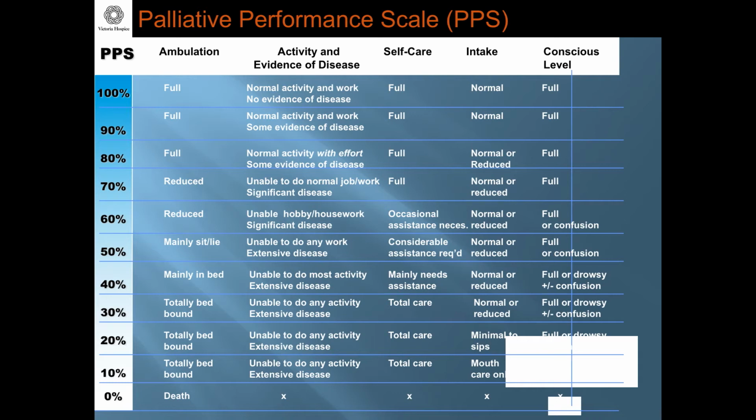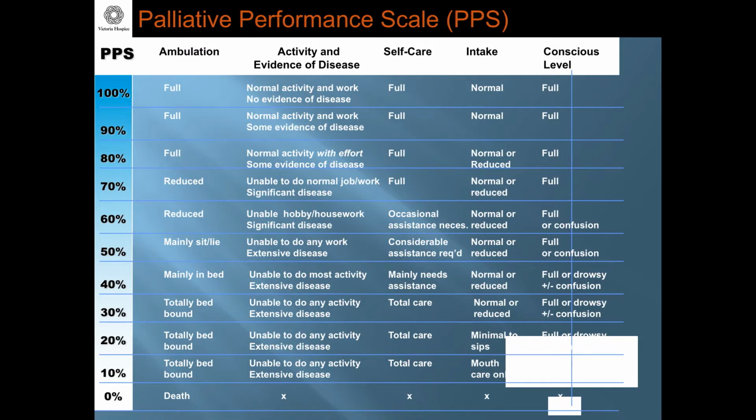There's certain transitions that you really need to know about. So 100 is, again, you on a Monday when you've had your cup of coffee and you're out of the door and the world is great and the birds are singing. Nothing's wrong with you. From 80 to 70 is an important transition there, especially if you're talking about cancer. Once your PPS goes from 80 to 70, it's no longer a private disease.